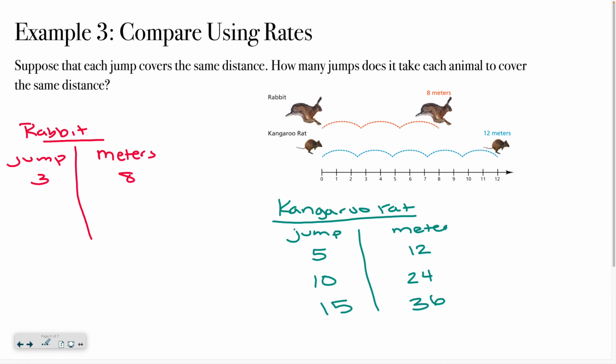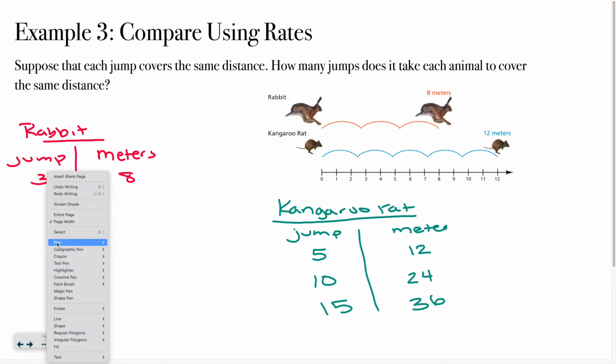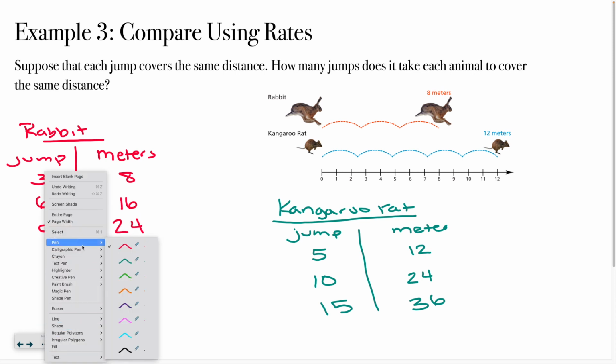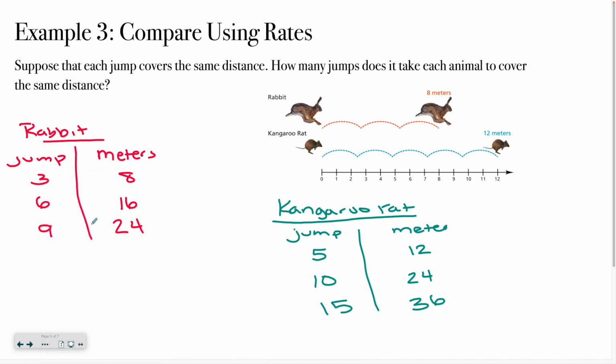Then if I go back over here for the rabbit, 3 jumps is 8 meters, so if I were to double that, 6 jumps would be 16 meters. If I were to add 3 more jumps, that would be 9 jumps, and that would be a total of 24 meters. And right there, you can see I now have a number that matches. They both end up going exactly 24 meters.